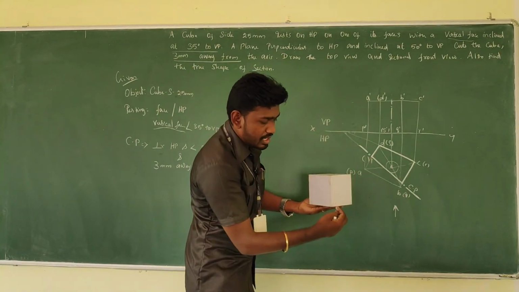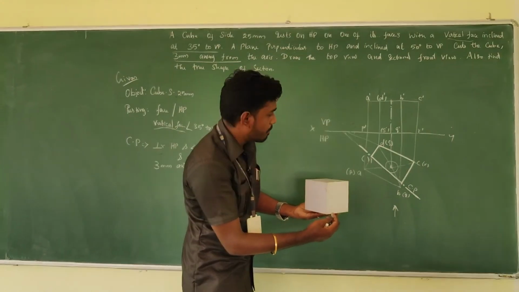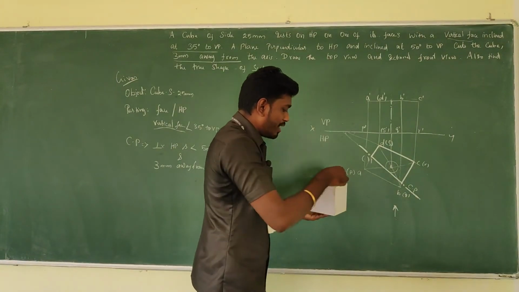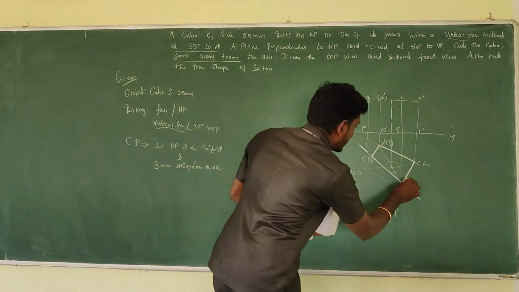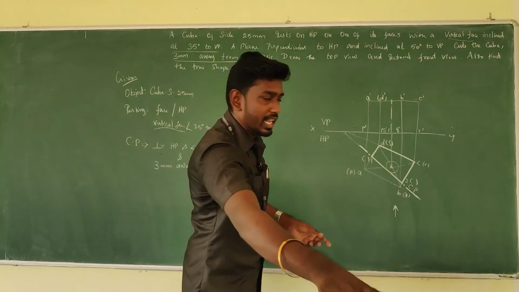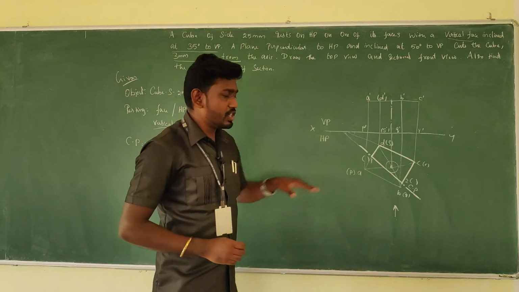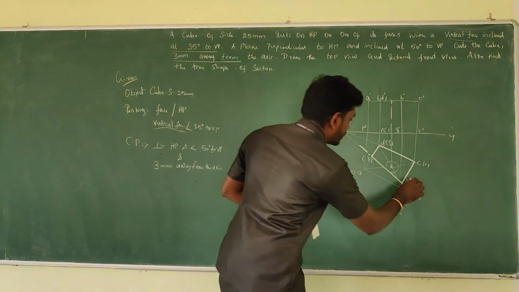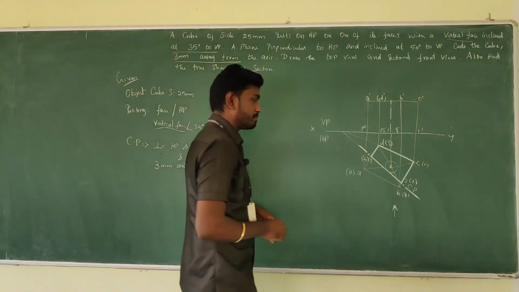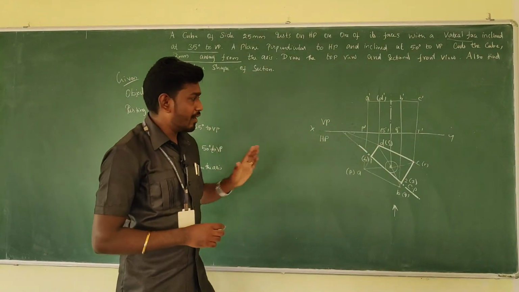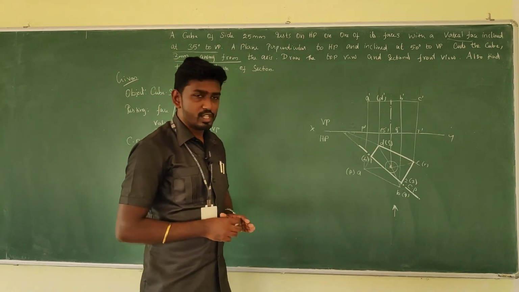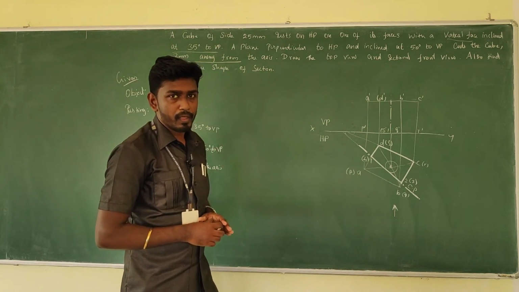It has a cut at this particular edge as well, the edge between Q and R. One will be visible from the top, for that I am going to give 2, and for the invisible I am going to use brackets. After completing it, come back to mark the invisible edge: 1, 2, so this will be 3 and this will be 4. I have marked the invisible cutting points as well as the visible cutting points from the top.